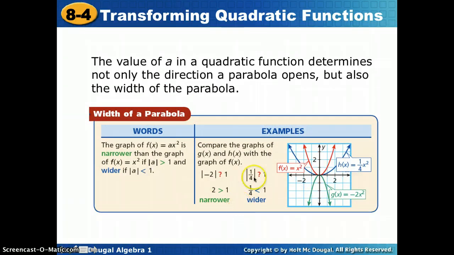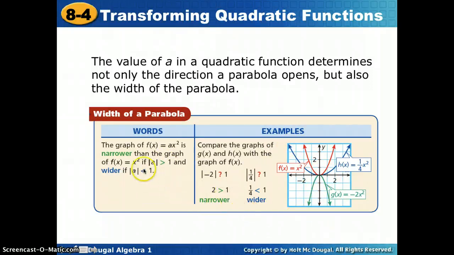It's really simple. If a, which is the number in front of the x squared, is bigger than 1, alright, that's what you want to get over here. If it's a number bigger than 1, then the absolute value, you ignore any negatives, it gets skinnier or narrower.